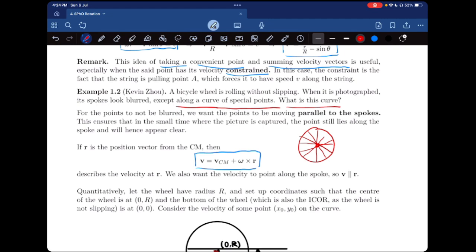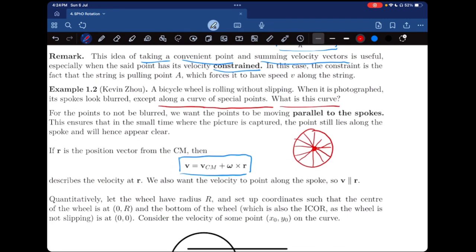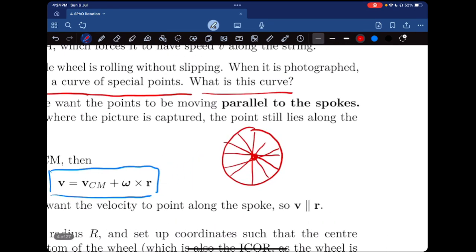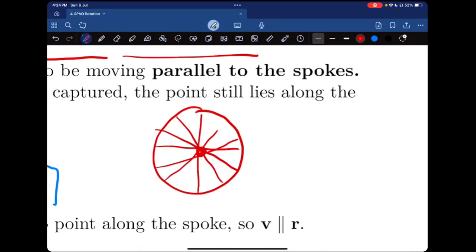So the main insight is that if your points are not blurred, right, you want your points to be moving parallel to the spokes. So for instance, if I say that this specific blue point is not blurred, then at the instant where I take my picture, this point should be moving in this direction, which is parallel to the spoke that it lies in.